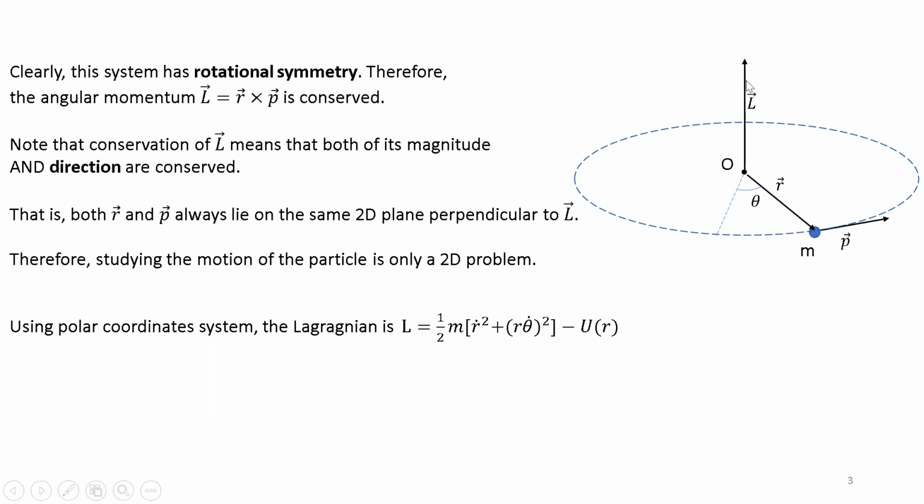So when I say that this L is conserved, that means this L always has to be pointing in a constant direction. And that means this R and P will always have to be staying on a particular flat plane. If not, the direction of L will be different, and that violates the conservation of angular momentum.